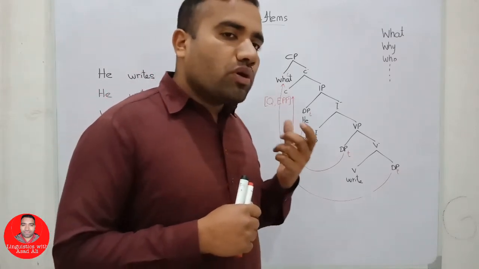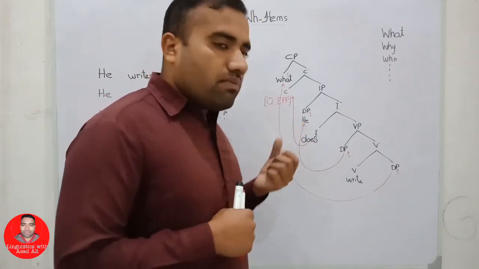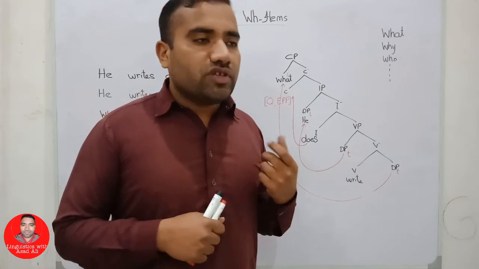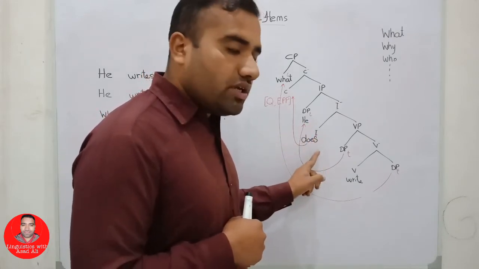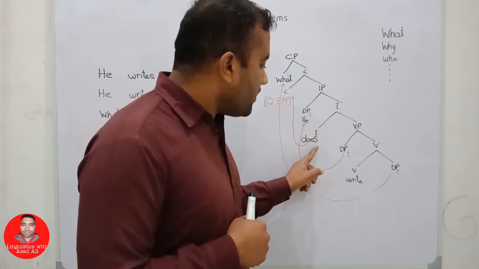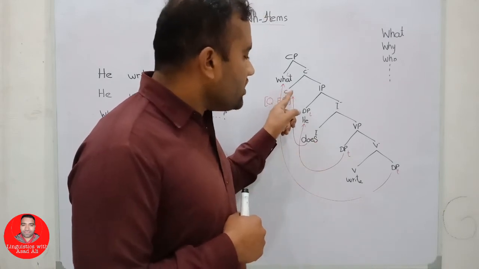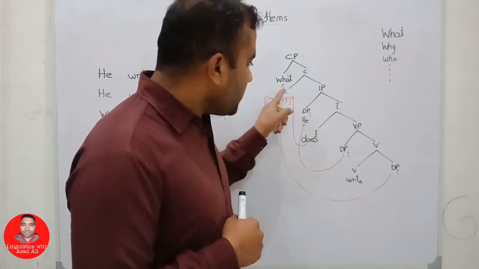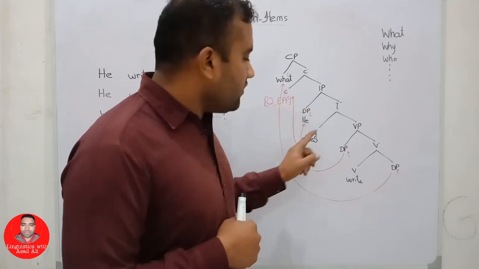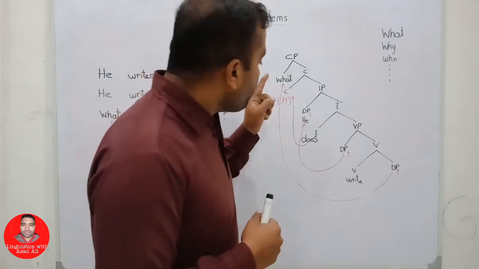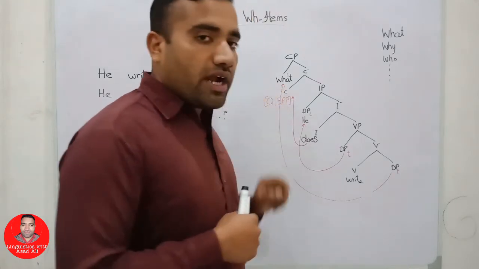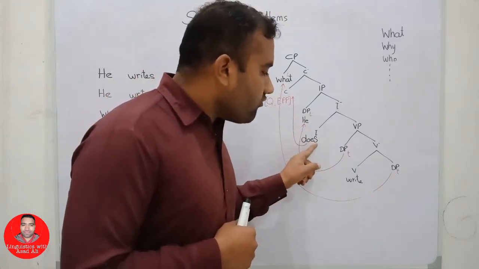If some head is strong, it triggers the lower head and takes it at its head position. And if we want to construct the grammatical sentence, the WH question, our head I moves from this head to the C head. This is head to head movement. And if this head moves to this place, what is the reason? Because this is the strong head, this is the weak head.